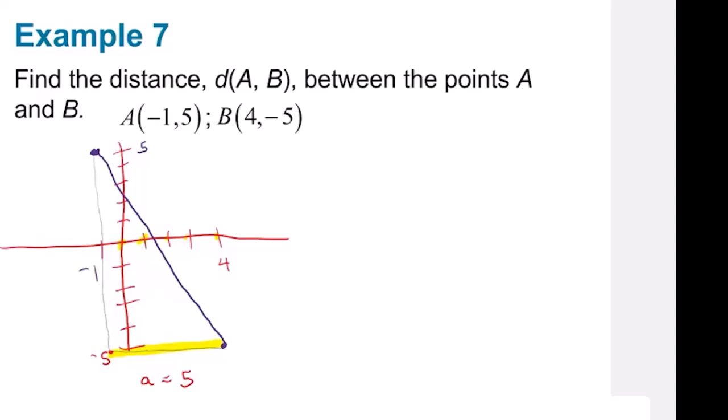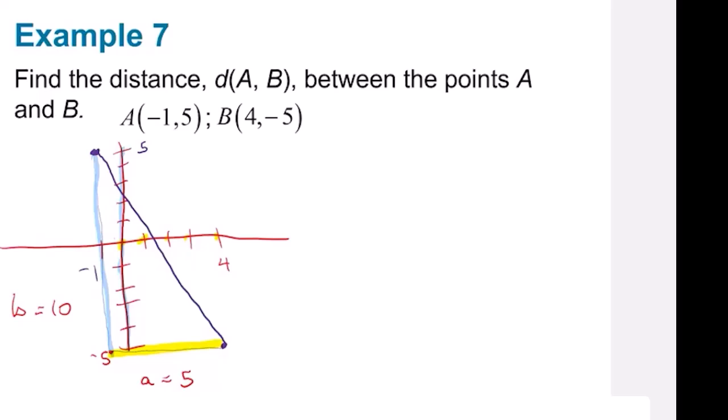And if I count, this distance right here is b, and it's going to be 10. 1, 2, 3, 4, 5, 6, 7, 8, 9, 10. I could count it, or again, I can just subtract one from the other, and I'll always get the distance.